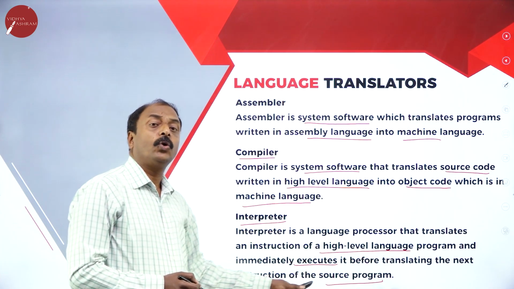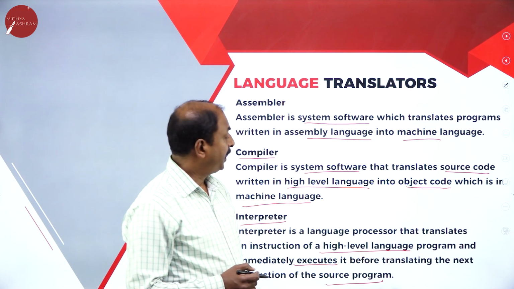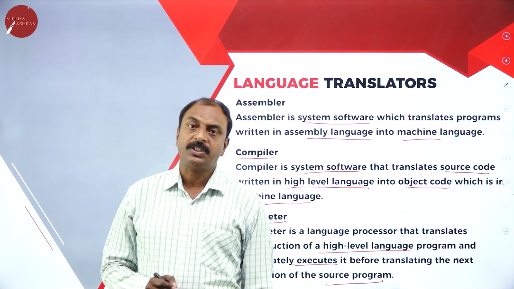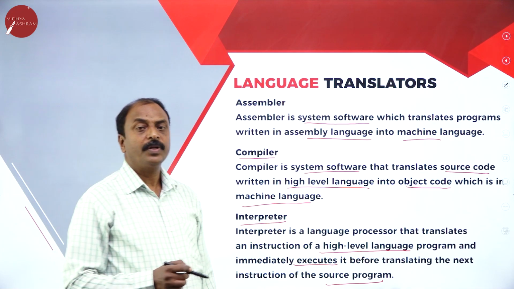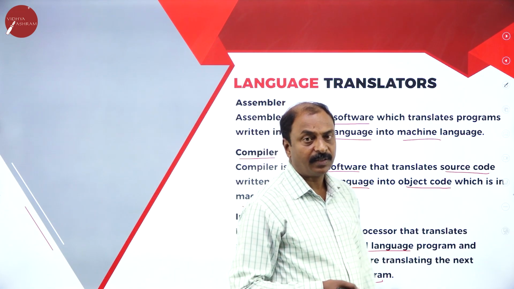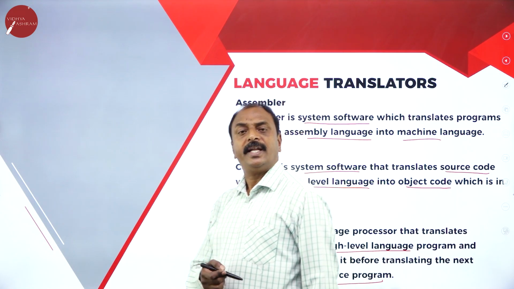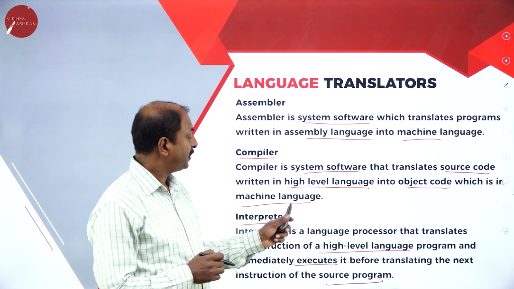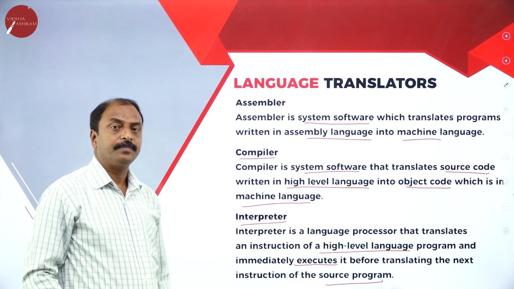Then it goes to the second instruction. Similarly, the interpreter converts high level language instructions into machine level language instruction by instruction. It translates the first instruction, executes it, then goes to the next instruction and executes the second instruction, and so on. So this is the main difference between compiler and interpreter.